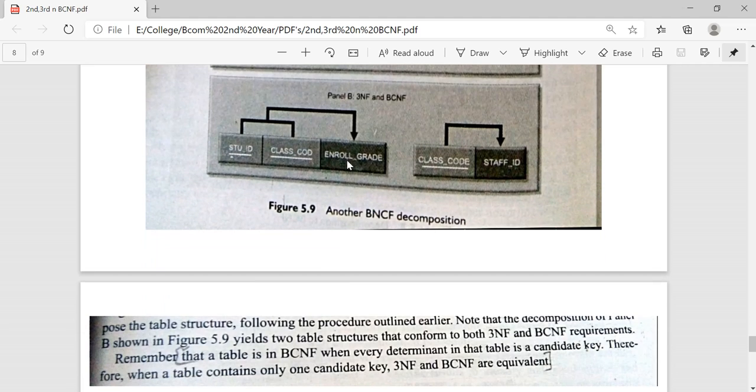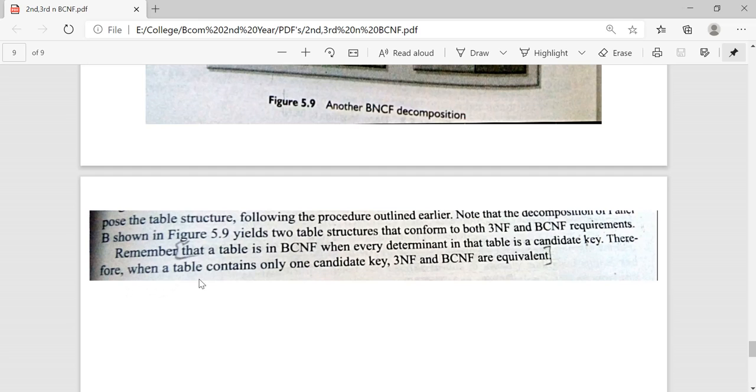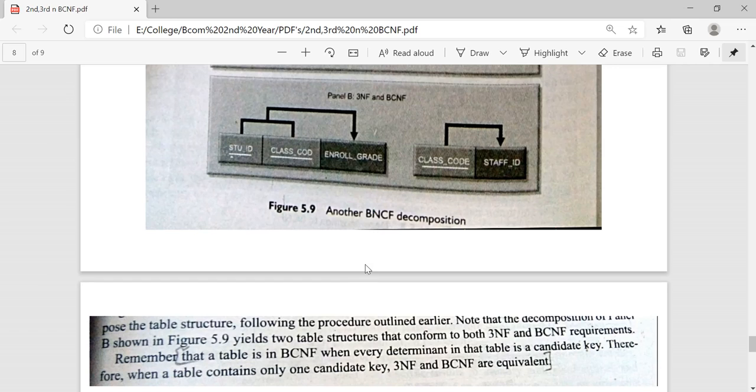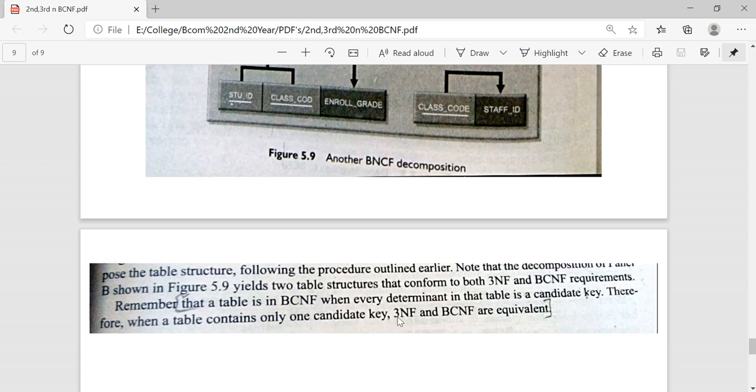When you convert the table from this third normal form, again what are we doing? We change the primary key and make it have a partial dependency. That means it comes into first normal form, and then we divide it again and you're converting it back into third normal form and BCNF. So when a table contains only one candidate key, that is, if your table is having one and only one candidate key with no multiple candidate keys, then the table is said to be in third normal form and BCNF.